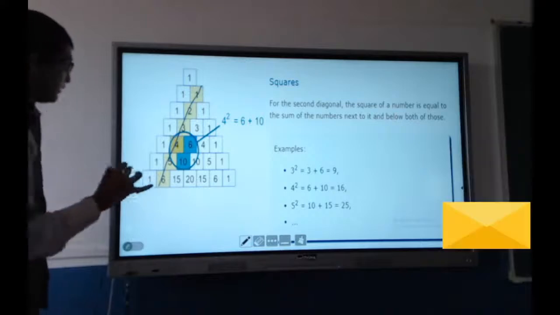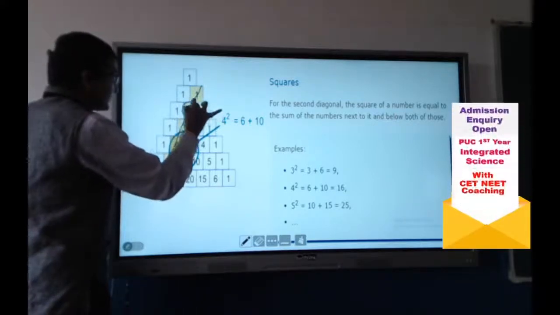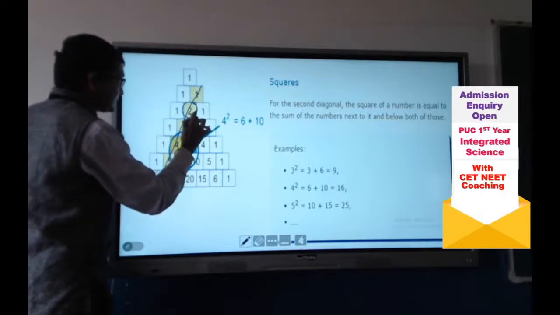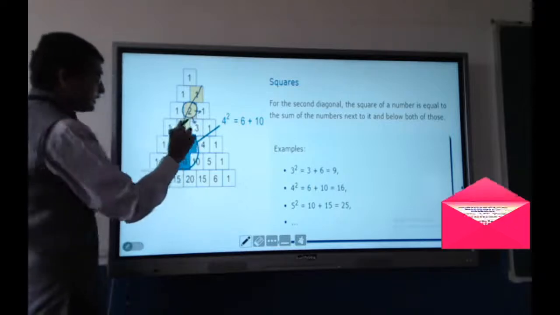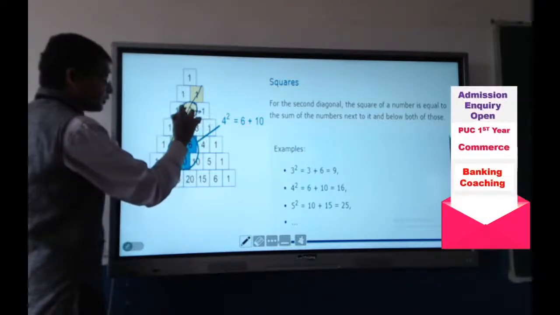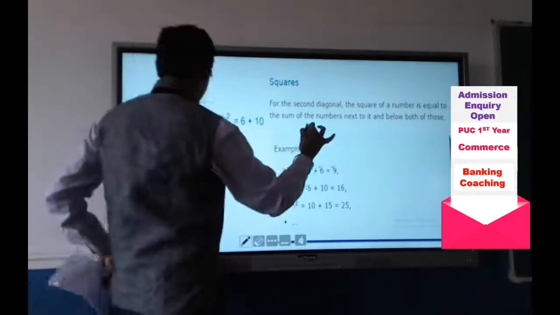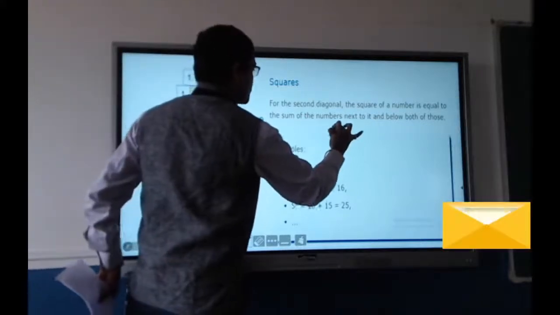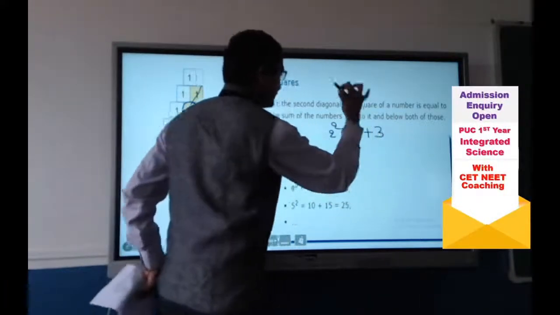Okay. Now look at here. This 2. Its neighbor is 1, and below the neighbor is 3. 3 plus 1 is 4. 2 square equals 3 plus 1. So first formula I am writing: 2 square equals 1 plus 3.